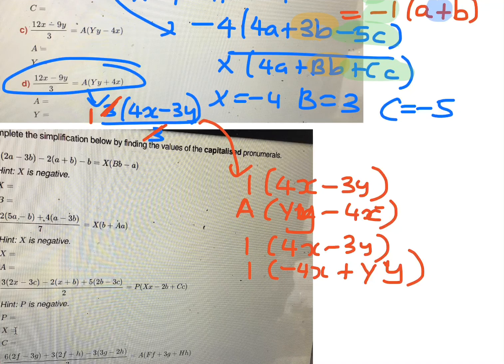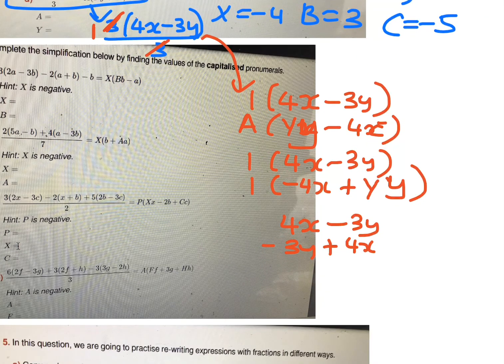So what I'm going to do is take the 4x minus the 3y, and make it 3y plus 4x, because we want to put the y's first. And then I'm going to take a factor of minus 1 out. So that would make that 3y, and a minus times a minus is a plus 4x. Because when I do that, that actually matches up with the question.